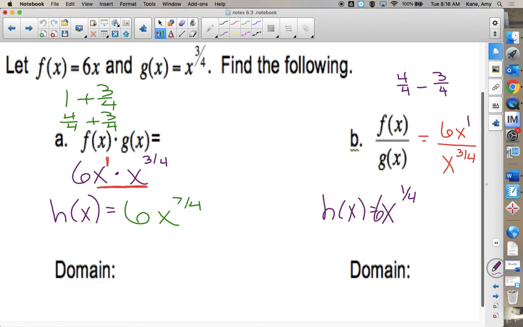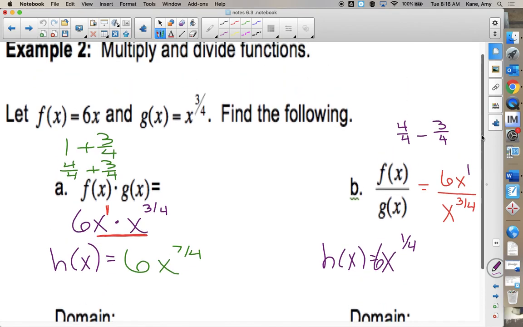All right, the last thing we have to do is think about the domain. So the domain of a line is negative infinity to positive infinity. How would you write 3/4 as a radical, Chris? Right.